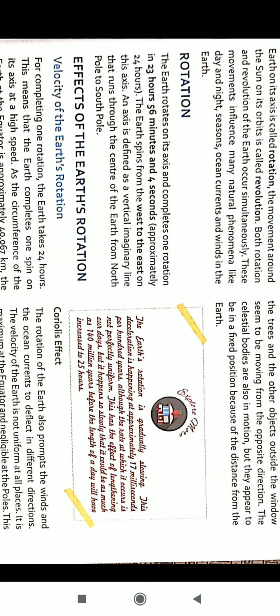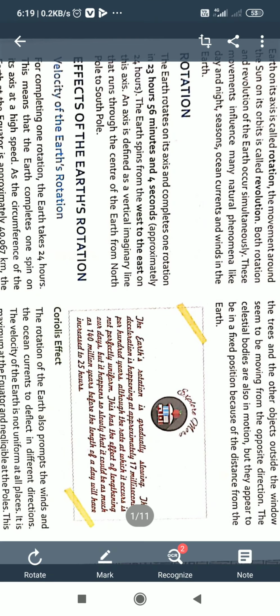The axis is not vertical, but it makes an angle of 23 degrees with the vertical, or 66 degrees with the plane of the earth's orbit, that is known as the tilt of the earth's axis. The tilt of the earth's axis is also known as the inclination of the earth's axis. The tilt or inclination of the axis always remains pointed in the same direction towards the pole star during revolution.